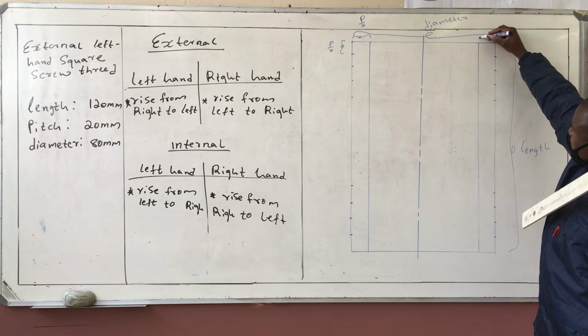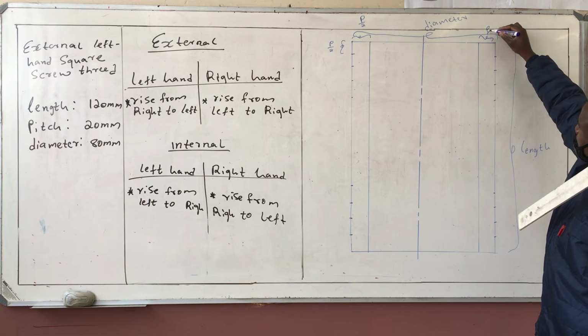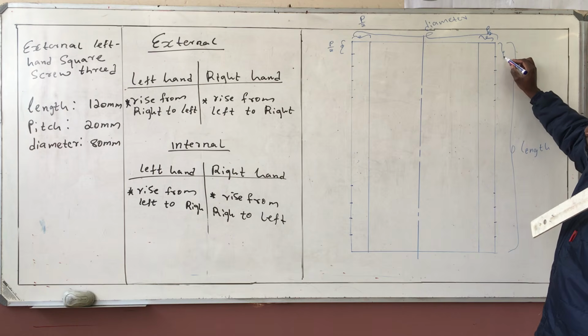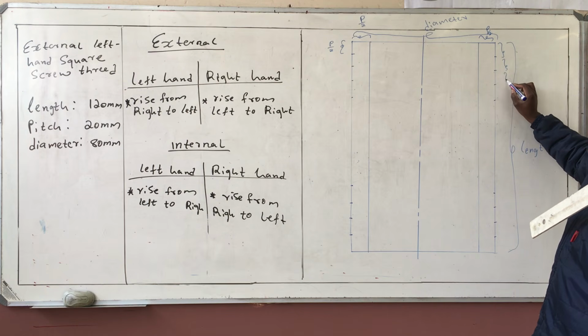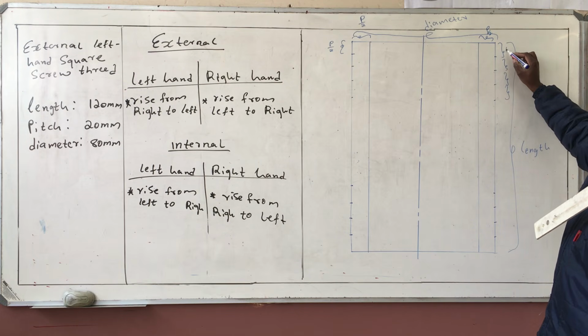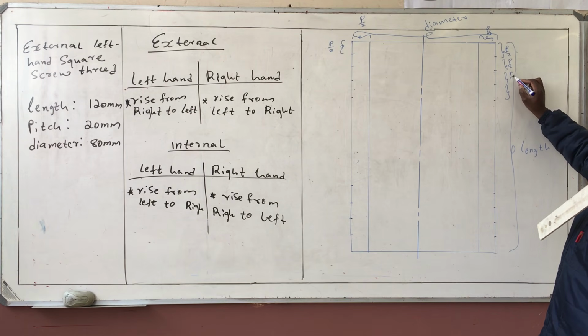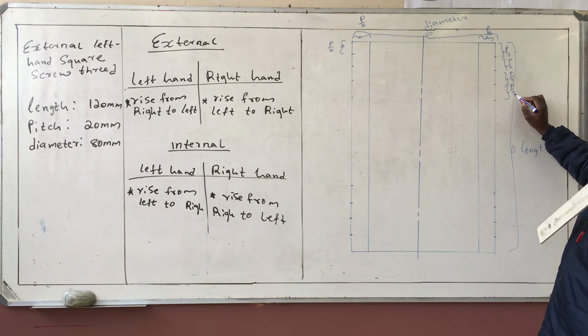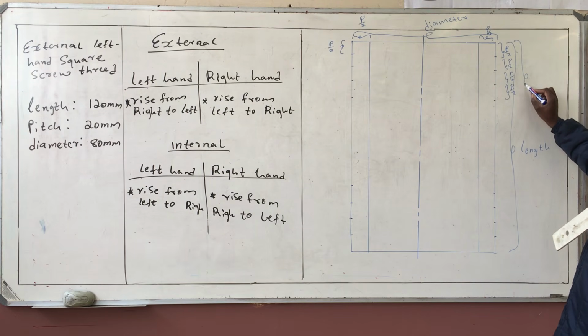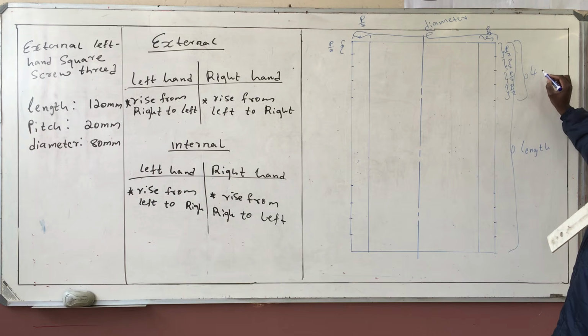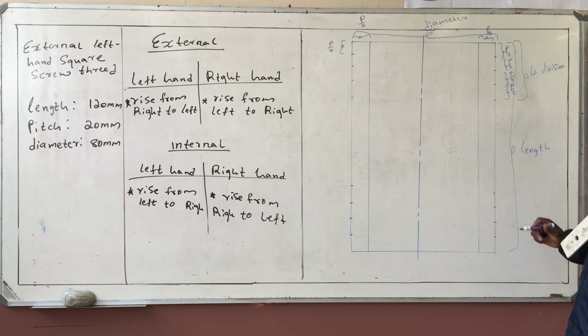All of these distances are pitch over 2. So you must have 4 divisions, even at the bottom, there must be 4.